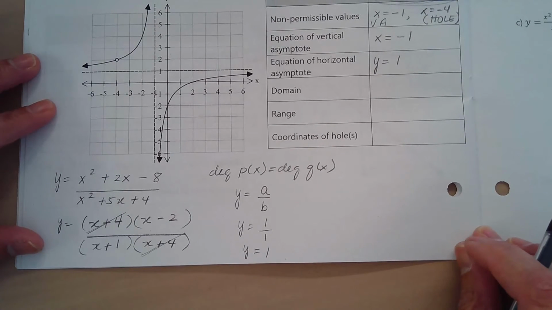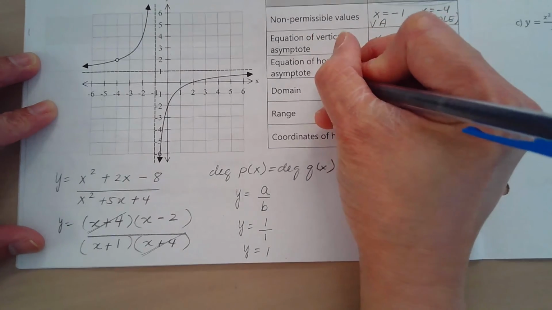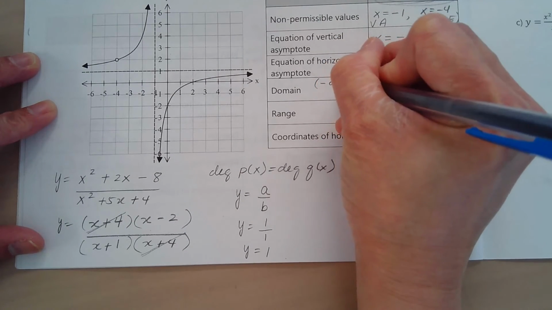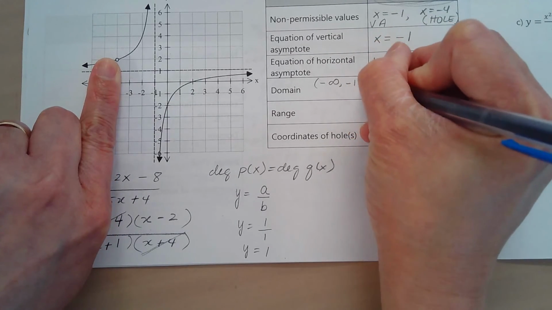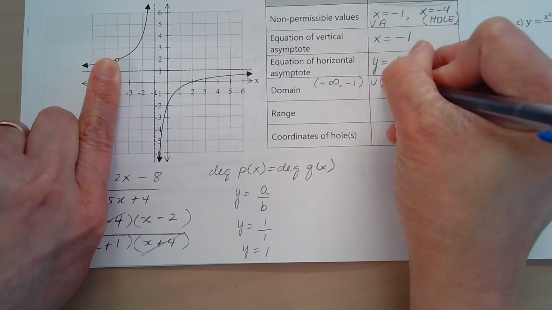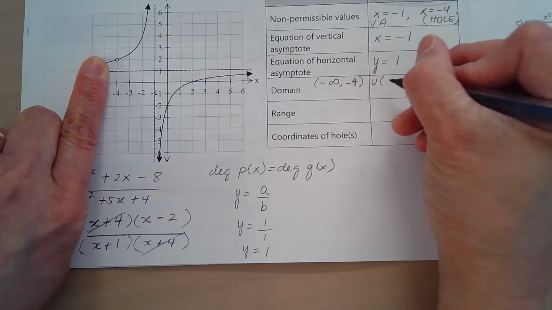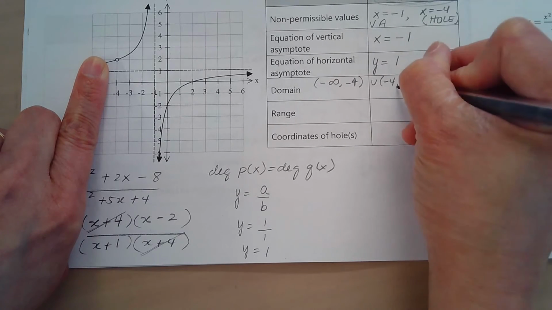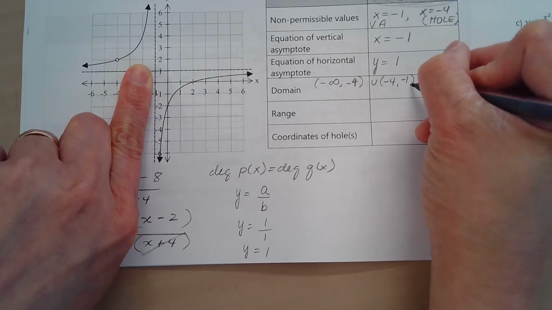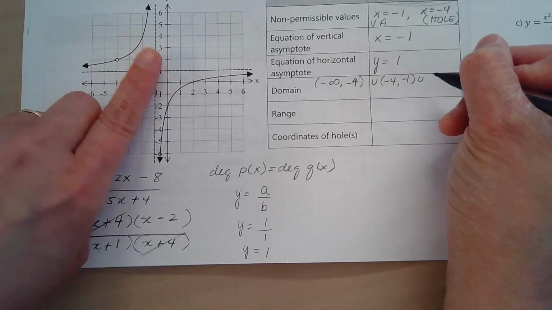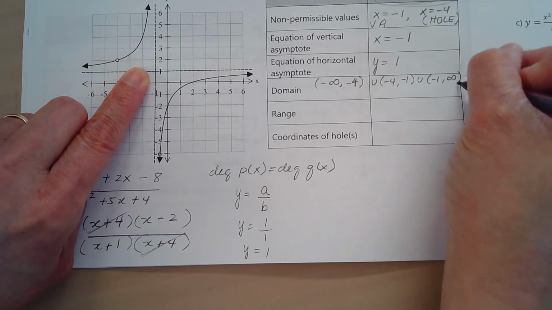What's the domain? Negative infinity up to negative 4, union negative 4 up to negative 1, and then union from negative 1 to infinity.